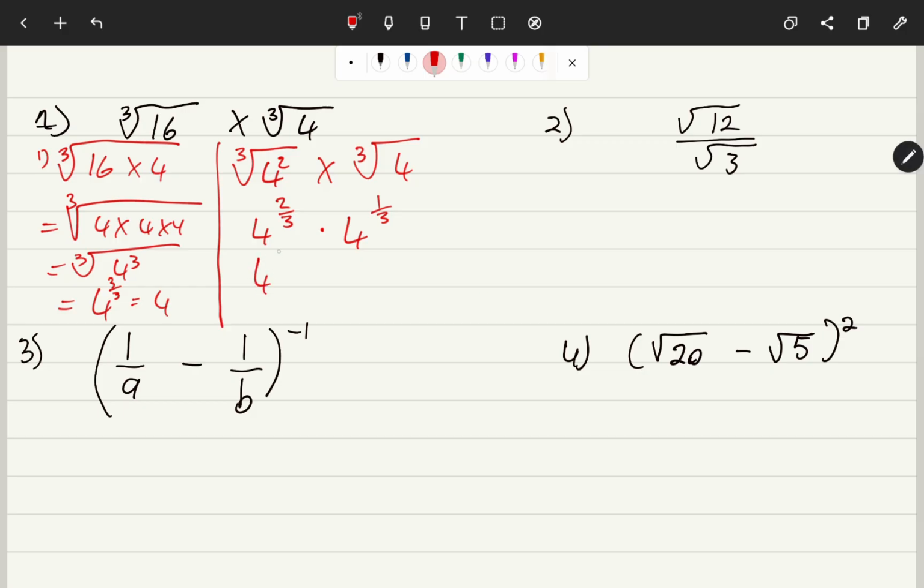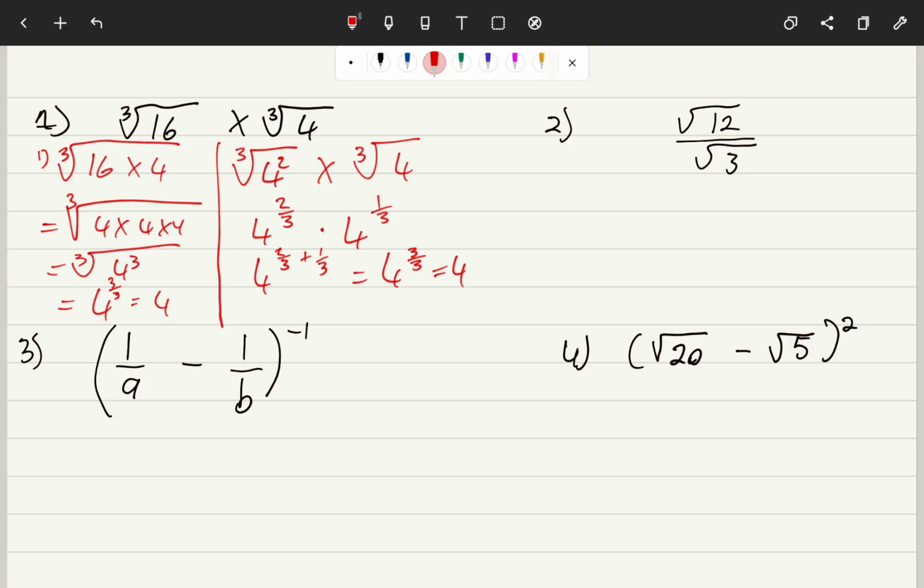So that is 4 to the power of 2 over 3 plus 1 over 3. Your denominators are the same, so you just add straightforward. That's 3 over 3, which is just 4. So there, like I said, guys, there are just many ways of doing these problems. Don't be stuck on one method. Always remember there's always a different way of doing problems, right?